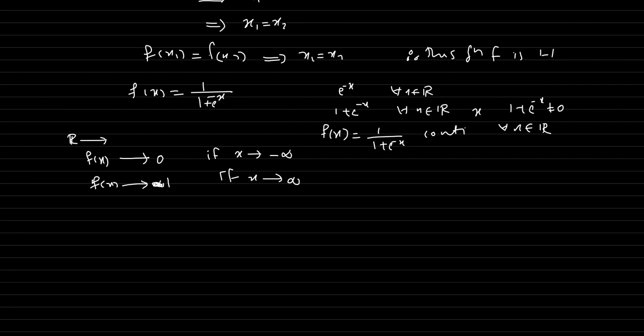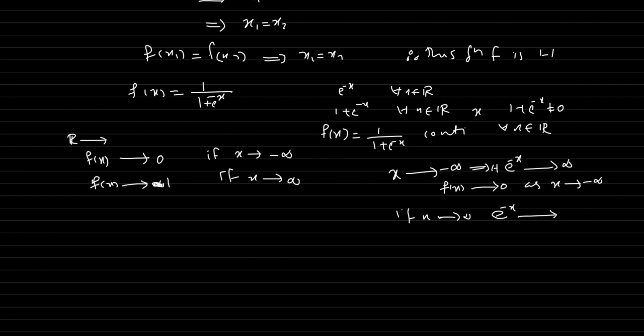When x tends to minus infinity, e raised to minus x tends to infinity, and so 1 plus e raised to minus x also tends to infinity. So the function f of x tends to 0 as x tends to minus infinity. If x tends to infinity, then e raised to minus x tends to 0.